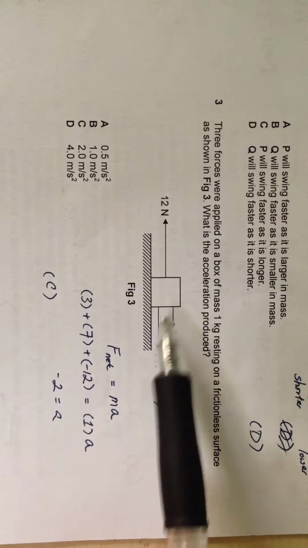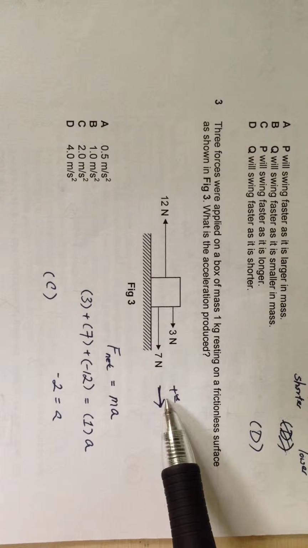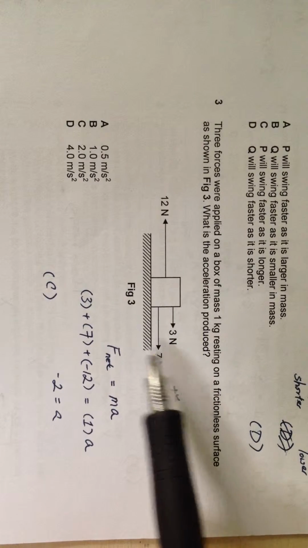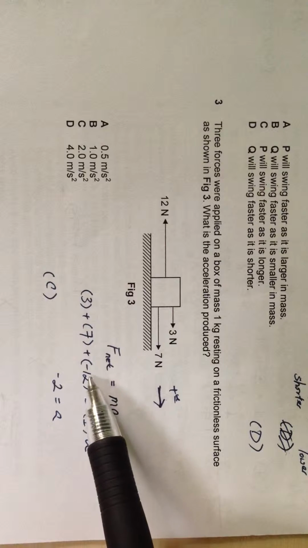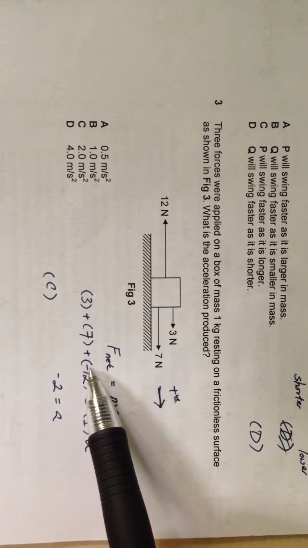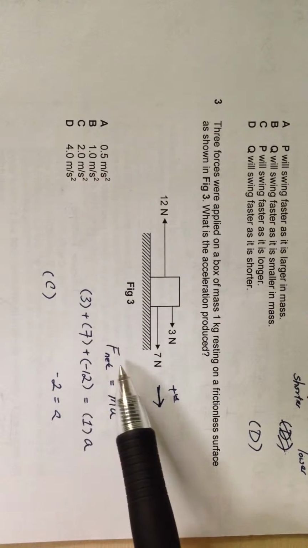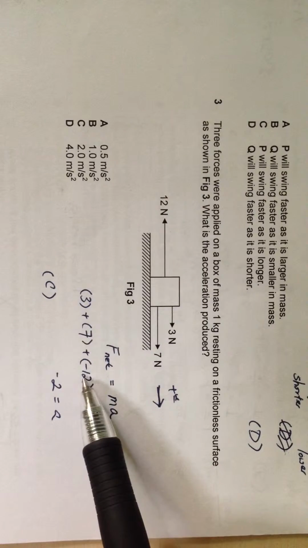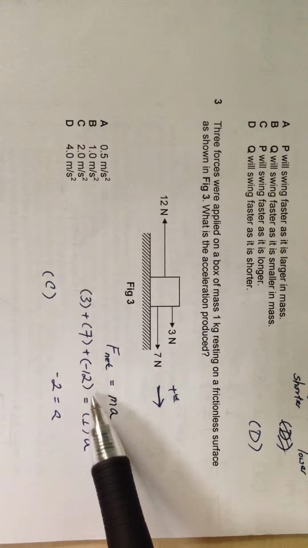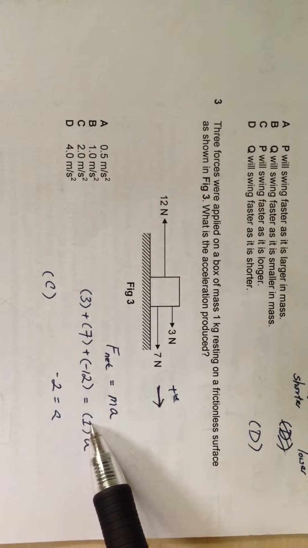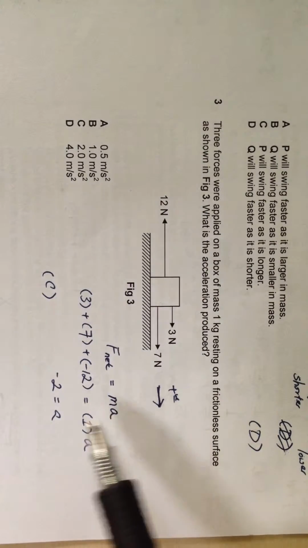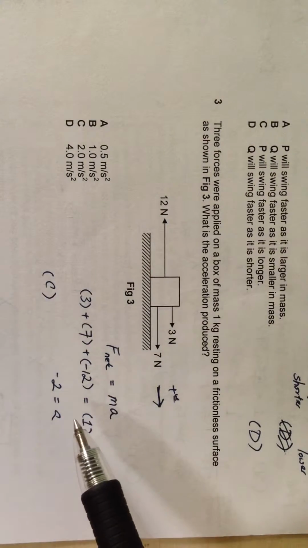These three forces are vectors, so if we take the right hand side to be positive, the 7 N and the 3 N will be positive, and the 12 N will have a negative sign, because it is going to the left. So F net is defined as the summation of forces. You sum this up, then divide by 1, and you get -2 m/s². So the acceleration is going to the left.